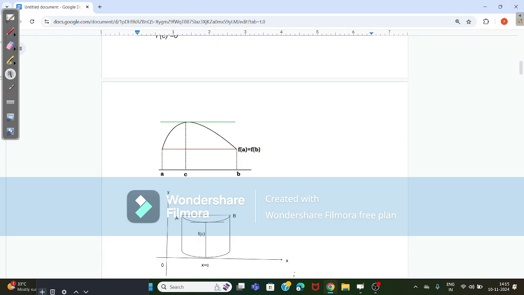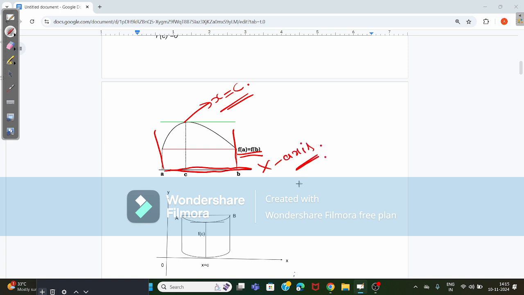Now here this is the value of a, and this is the value of b, and f of a is equal to f of b, and this is the tangent drawn. This is x equals c, and this tangent is parallel to the x-axis.